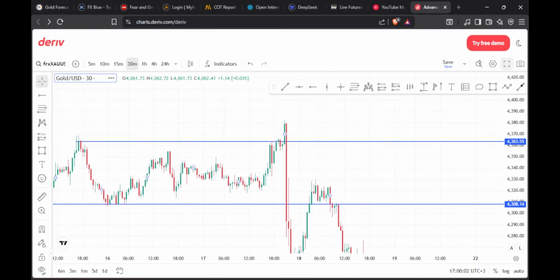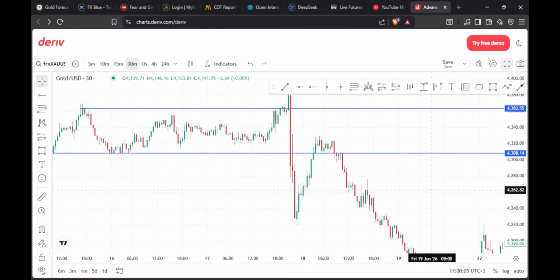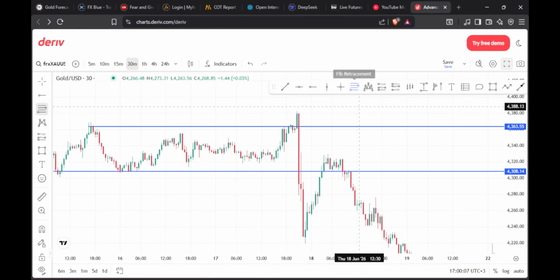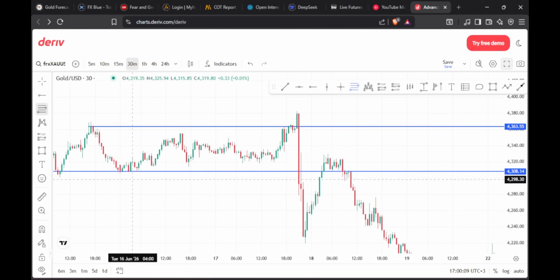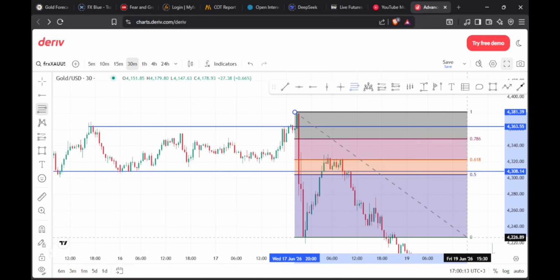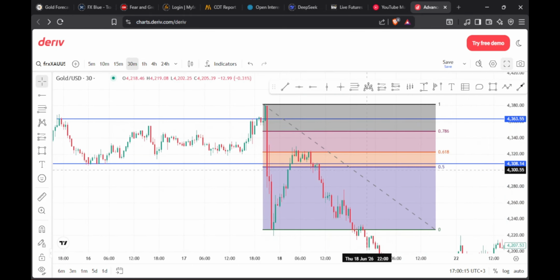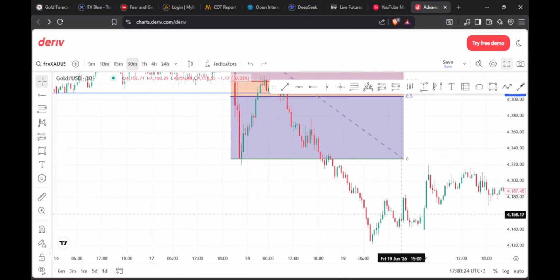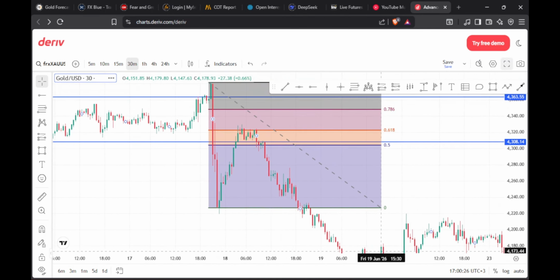If you're not able to catch that move, then you can just use your Fibonacci retracement tool from this high to this low, and wait for a retracement to these zones, either 0.5 and 0.68 or the 0.76, and you go down with that move.